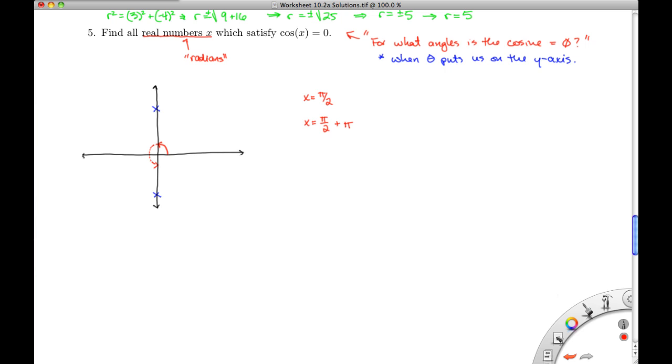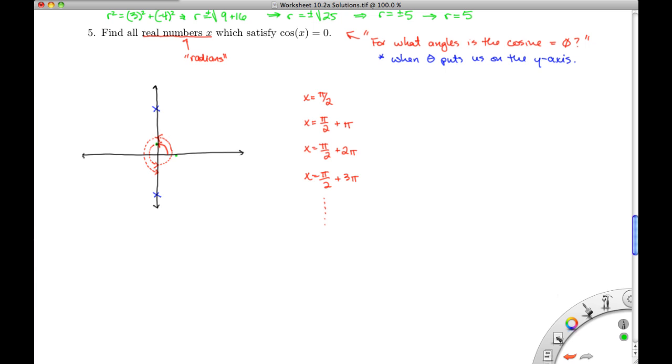All right, well, when's the next one going to come? Well, we're going to rotate another pi. So we started at pi over 2 originally, and now we've gone 2 pi. And we can keep this up, that we're going to hit it again at our first solution, pi over 2, and we go another pi. So I think it's pretty easy to see the pattern here. One other thing that we'll want to keep in mind is that we found our first solution and then could have gone in the negative direction.